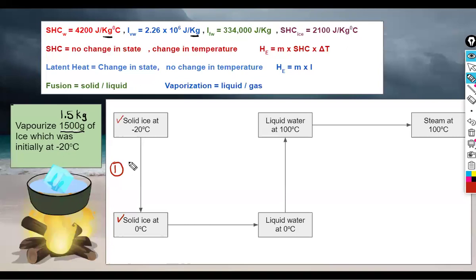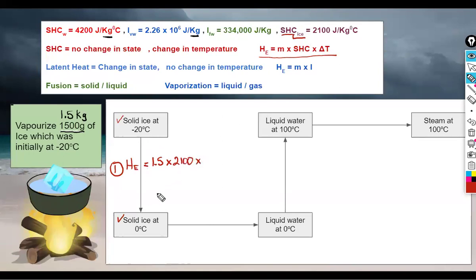So to calculate the energy for this section, the formula, sorry, I should put HE, that's for heat energy. I have to use this formula, the red formula. So the mass is 1.5. The specific heat capacity of ice, we're dealing with ice, is 2,100.